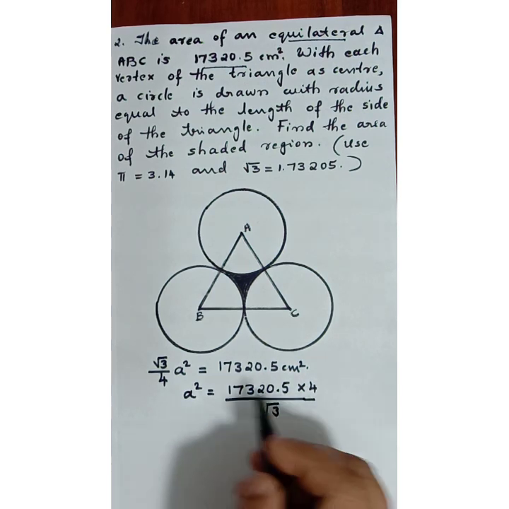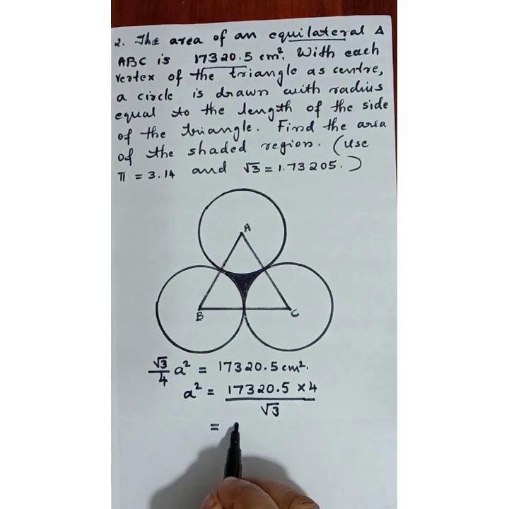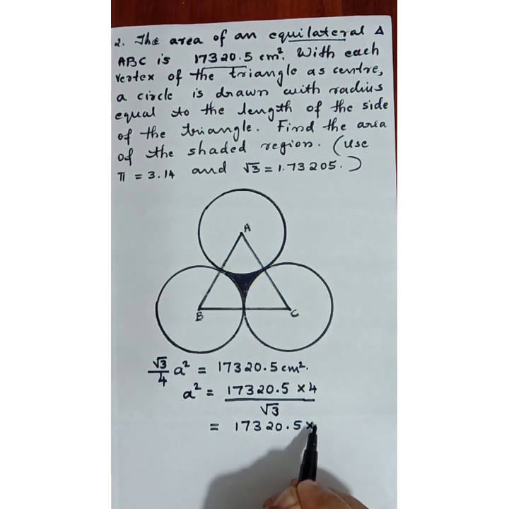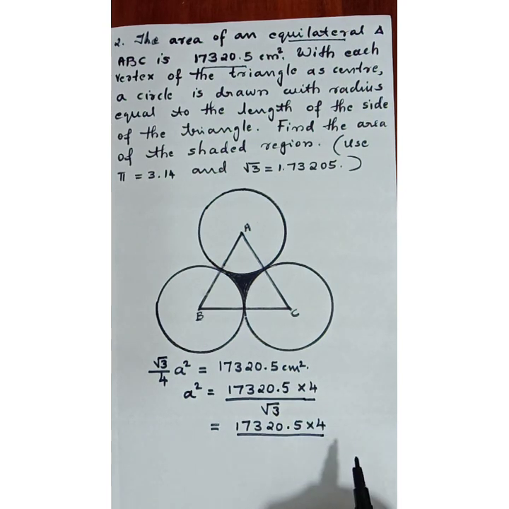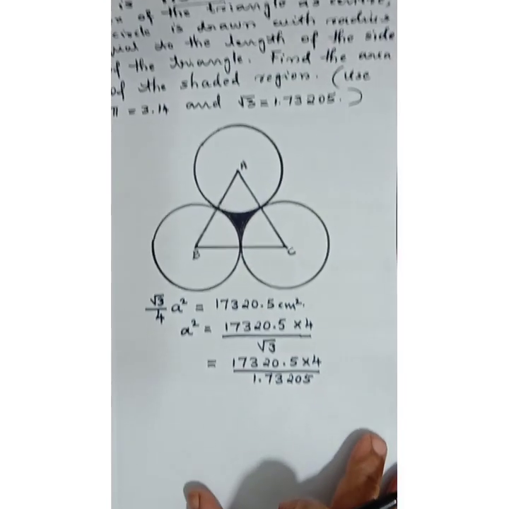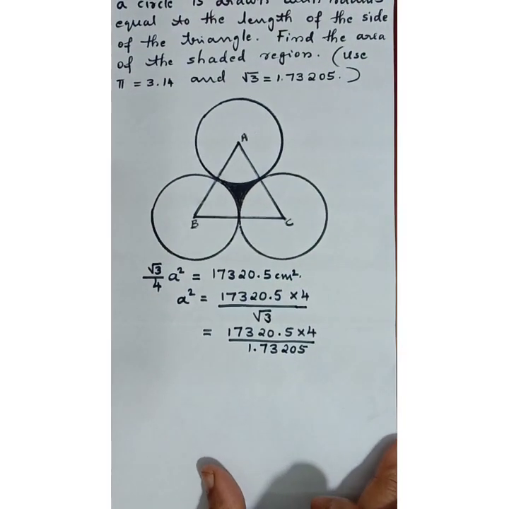So 17,320.5 into 4 divided by the root 3 value given as 1.73205. Look at this, these digits are the same. That is the clue here. It's easy to simplify.